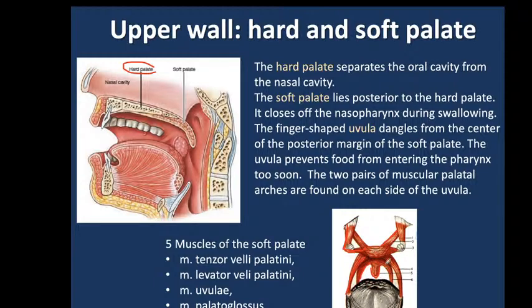And this opening you see, and I hope you can see it today when you examine your oral cavity, this is the fauces. This is the opening from the oral cavity to the pharynx.